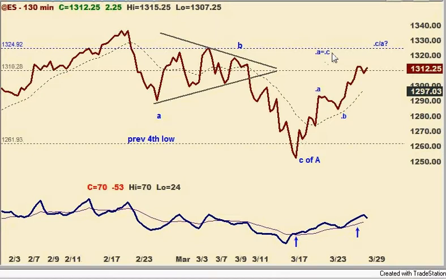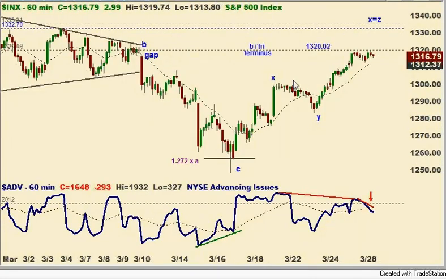An A equals C comes in right around the 1325 area basis the futures. We're right about at resistance right now in terms of the gap that formed in the apex of the triangle in the B wave position. That comes in around 1320 basis the cash.